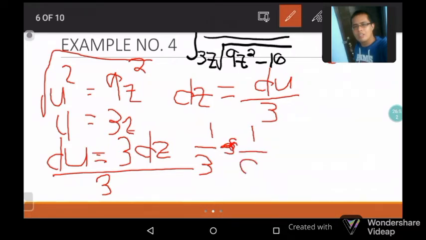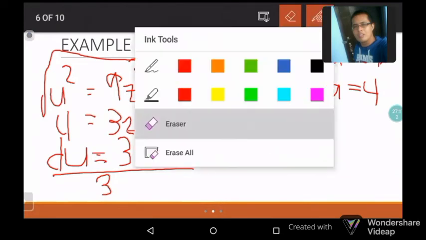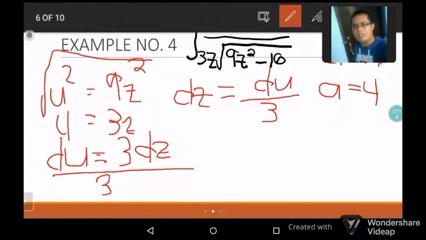Ayusin lang natin, no? Okay. So, this is 1/3 multiplied by 1/4 arcsecant u.